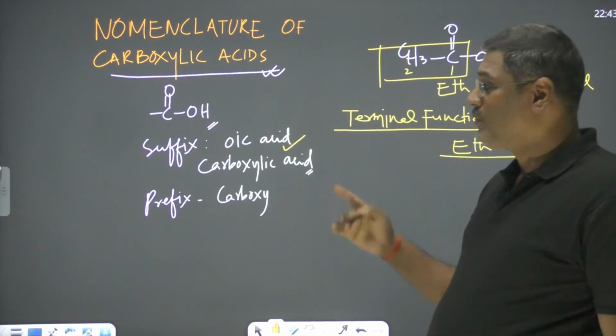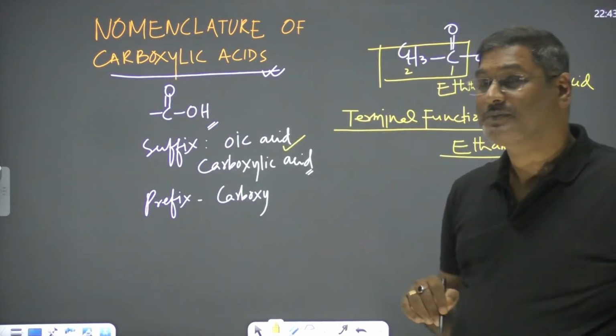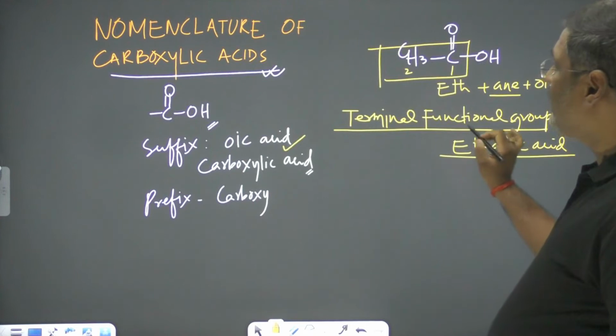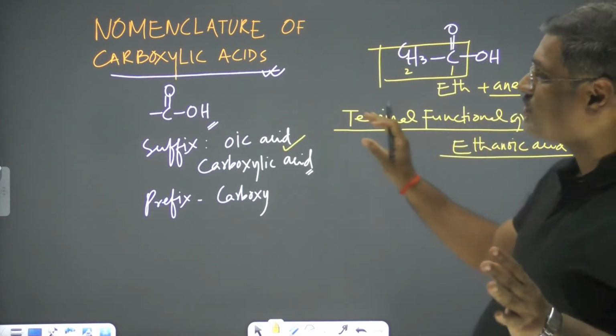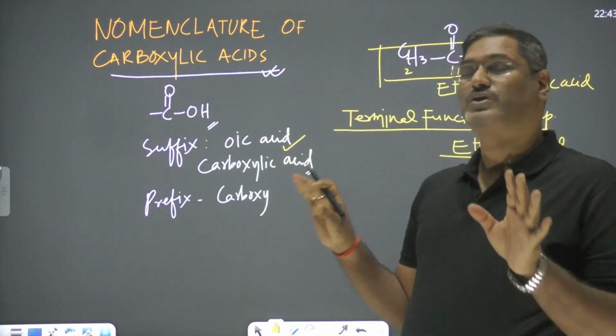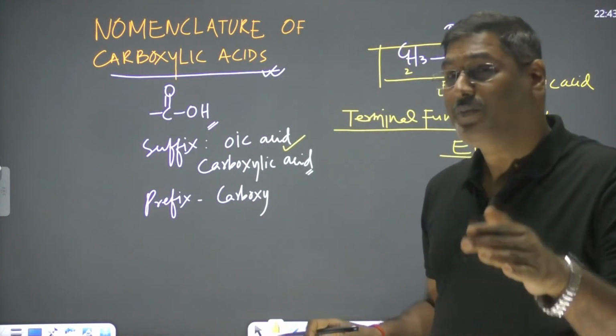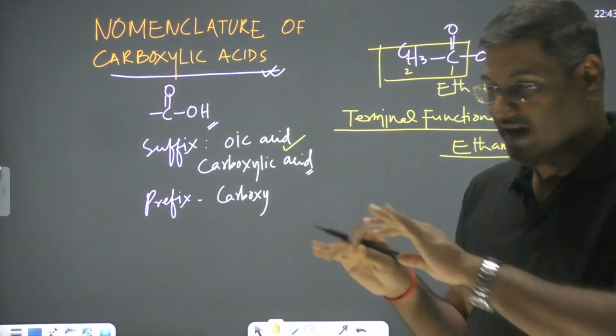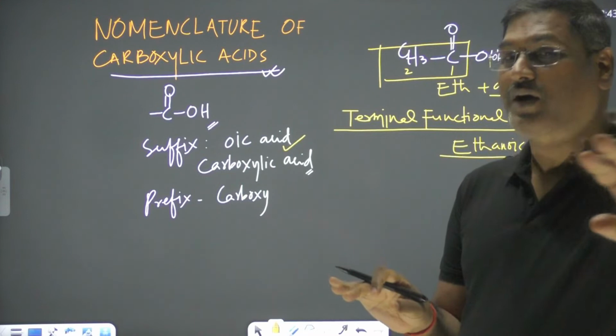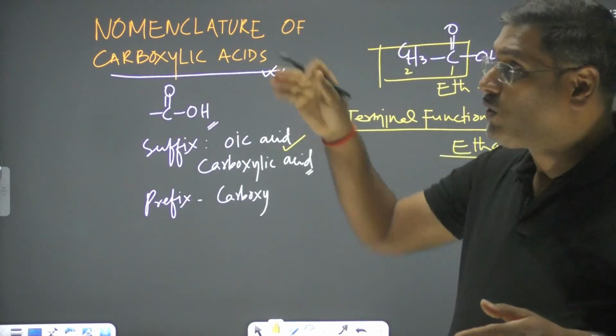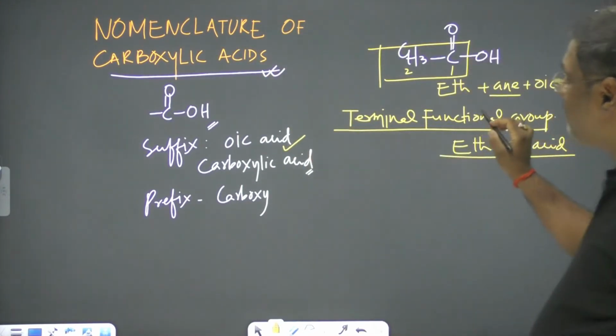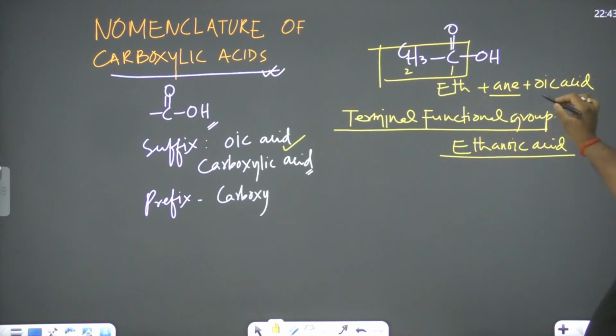So whenever the COOH group is named, it is named in parts. The carbon atom becomes part of the parent chain, and the double bond O and OH are represented by oic acid.